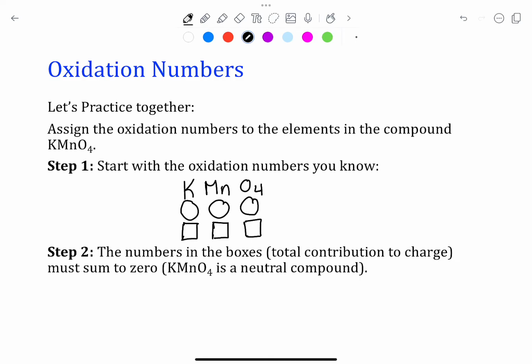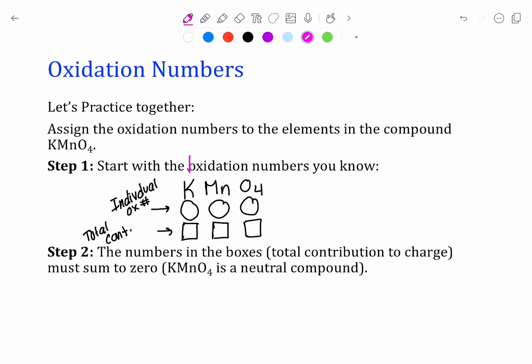The circles are going to be the individual oxidation numbers, and the squares are going to be the total contribution. Okay? So, the first thing you want to do is start out with the oxidation numbers you know.